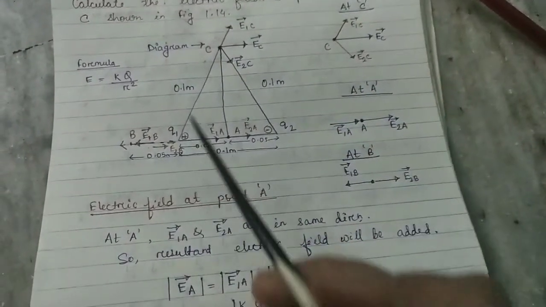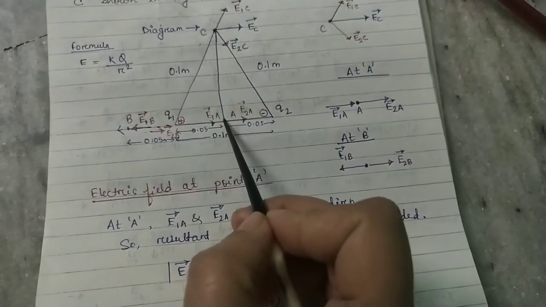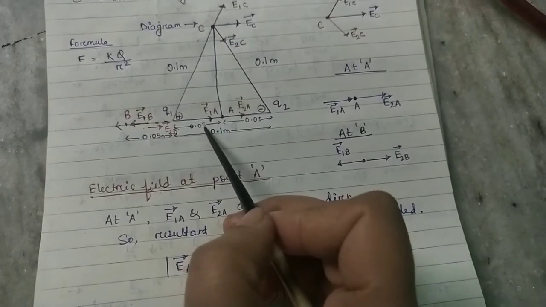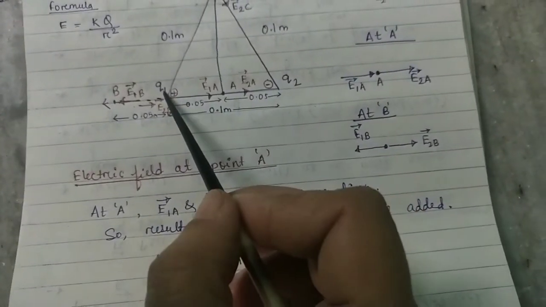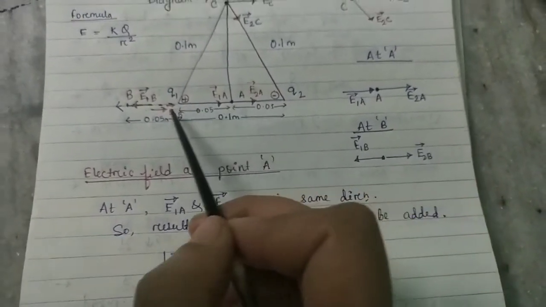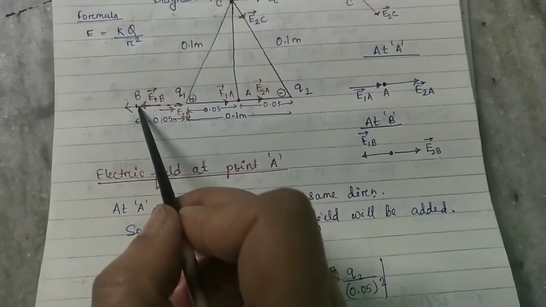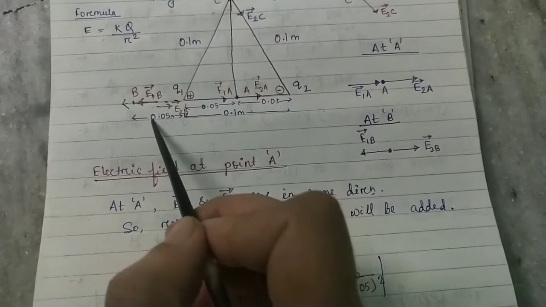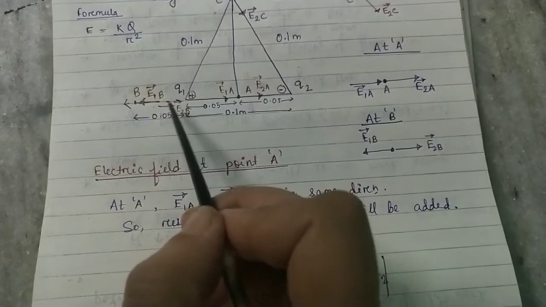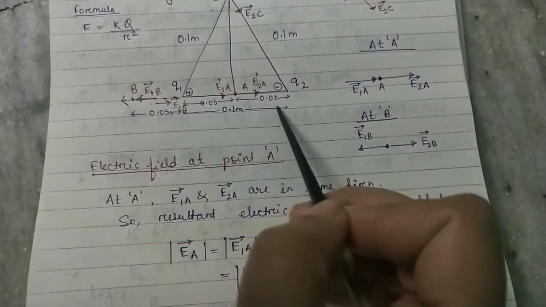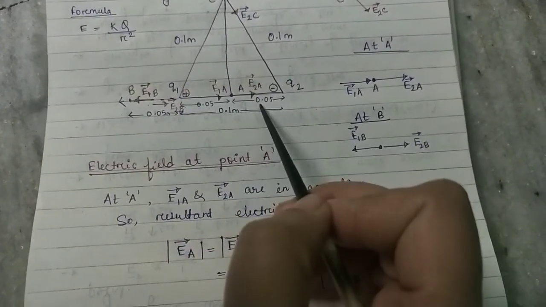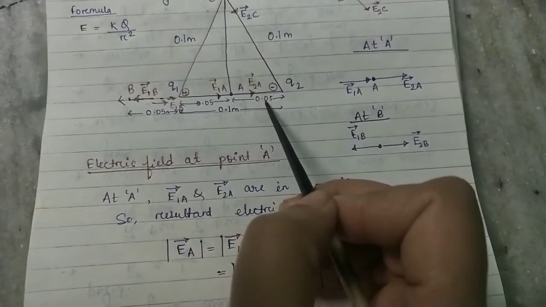Now we'll see the distances. Point A is situated at a distance of 0.05 meter from Q1, and the same distance from Q2. Now we'll go to point B. Point B is situated at a distance of 0.05 from Q1, and from here to here, see the distance: 0.05 plus 0.05 plus 0.05, total is 0.15.